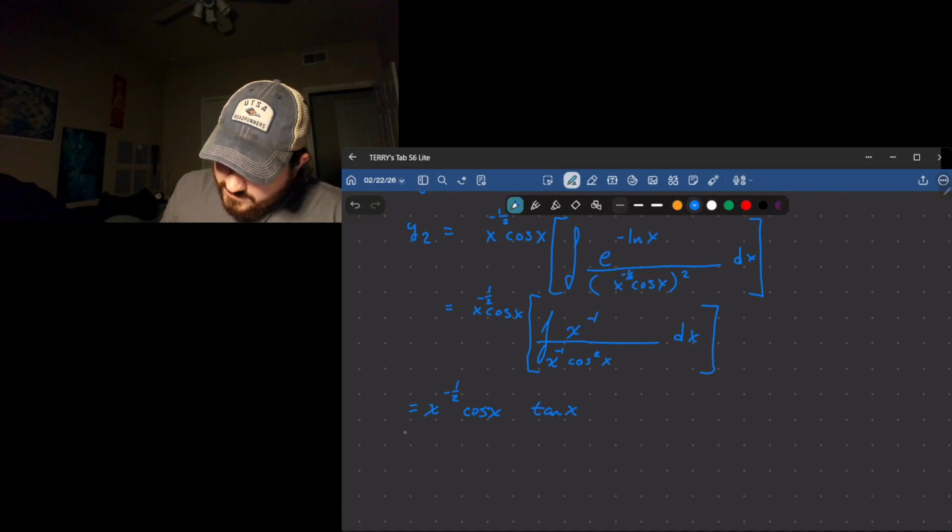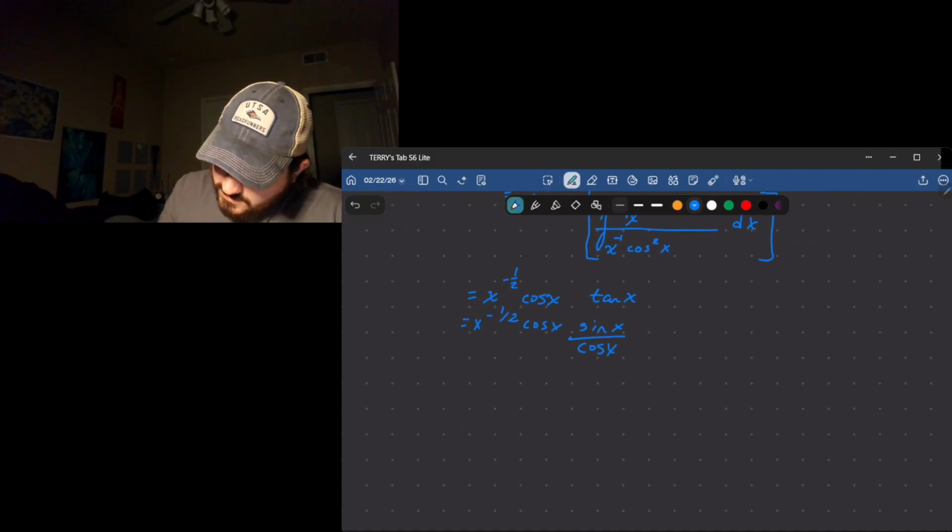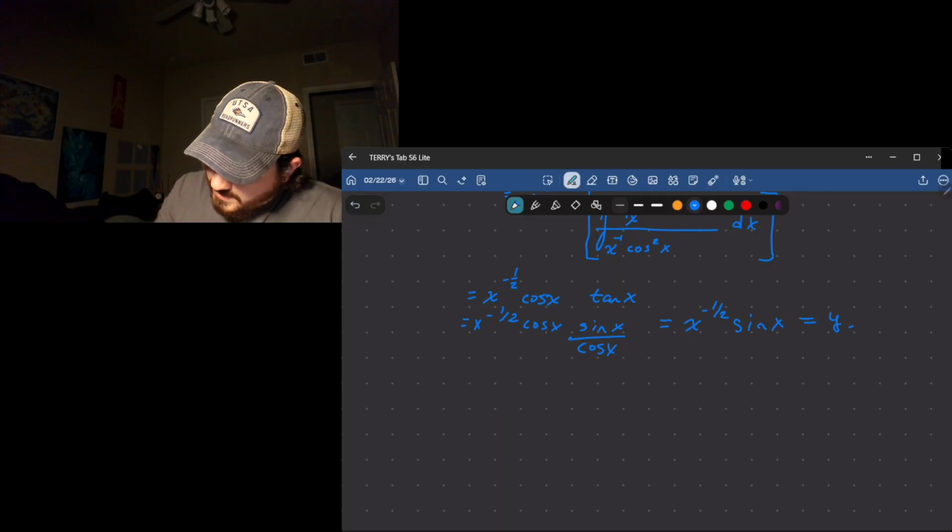So now I have this stuff all equaling x to the negative 1/2 cosine of x, and then sine of x over cosine of x. And so our cosines will cancel, and we're just going to get x to the negative 1/2 sine of x, and that equals y2.